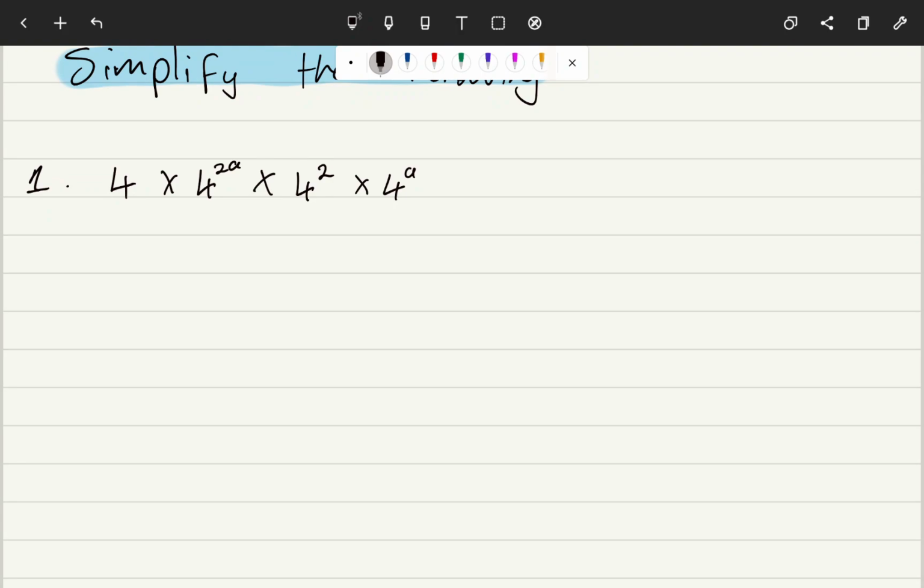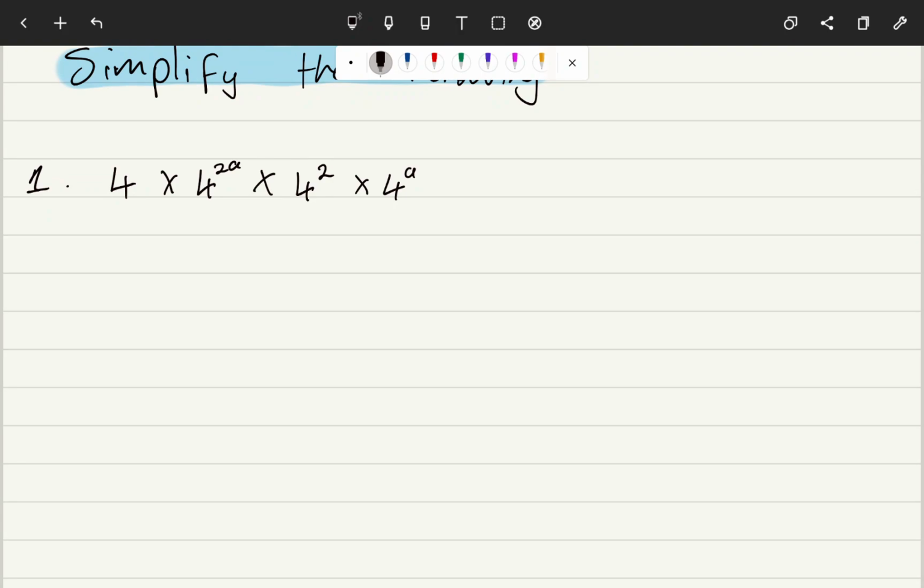So we have the first example here. It's 4 times 4 to the power of 2a times 4 to the power of 2 times 4 to the power of a, right? What I'm seeing here first is that I have the same bases. It doesn't matter what the bases are. Also, going back to the laws of exponents, it's not really important to know which law is the first one, the second one, or the third one.